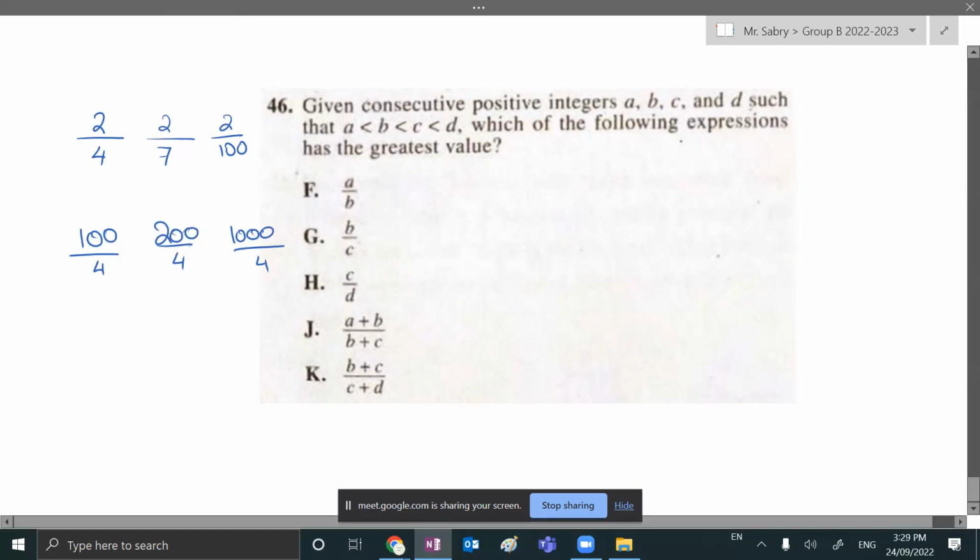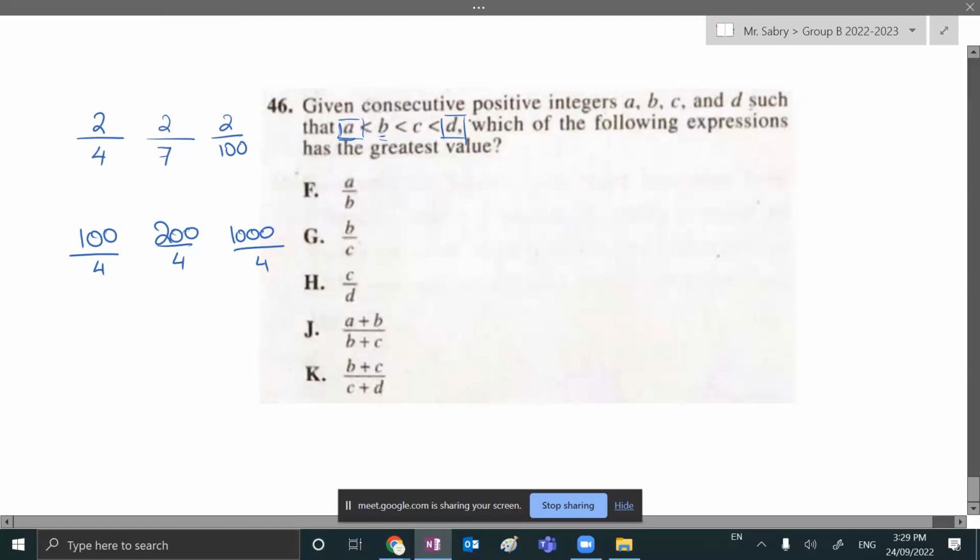So when they ask which one has the greatest value, if I pick the biggest number and divide it by the smallest number, that should be the greatest value. When you look at the choices, they're saying A over B, and so on.